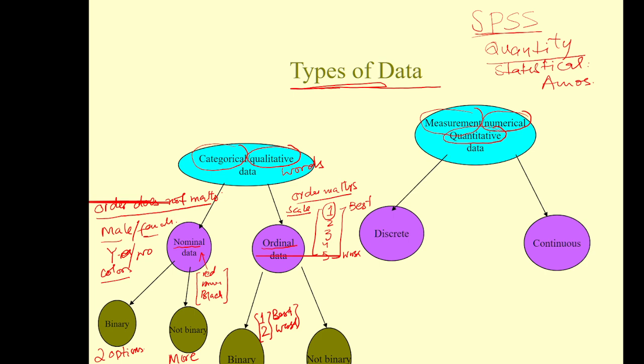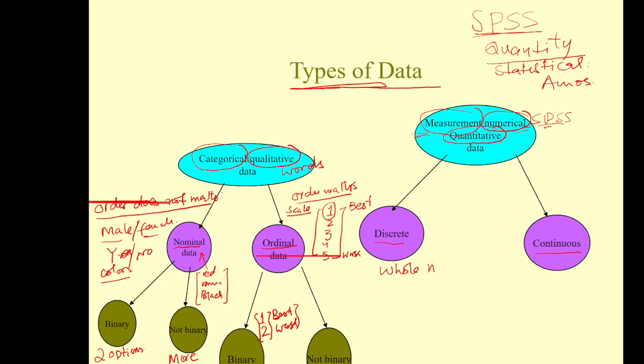So the other kind of data, which is sometimes called the measurement data or numerical data, in SPSS you have this numerical option there when you want to fill in the data. So it has further two categories. The number one is discrete and the other one is continuous, right? So the discrete one is the one in which the data is in a whole number.